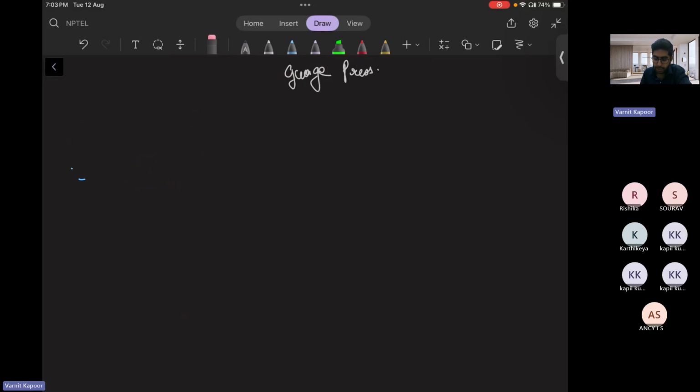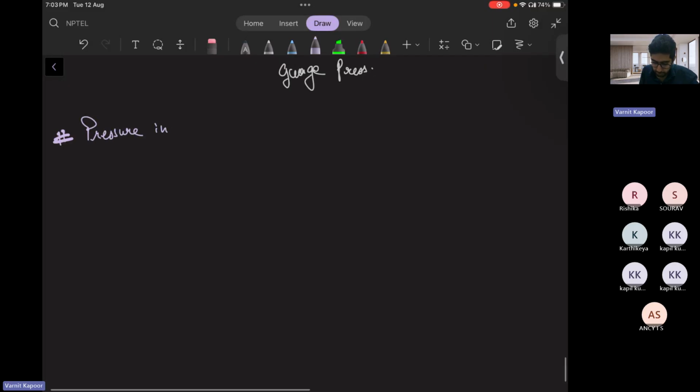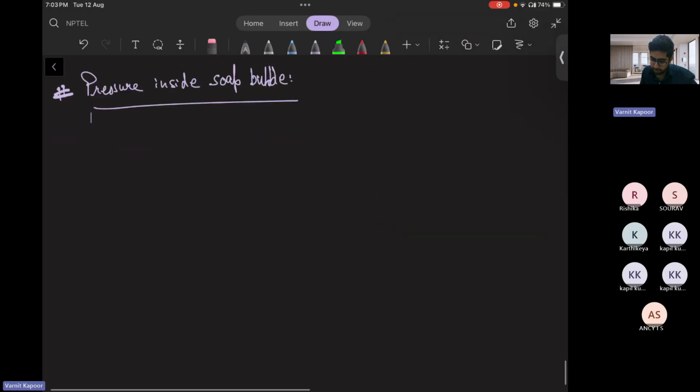Now let's come to the other scenario: pressure inside a soap bubble. So how does a soap bubble look? I have just framed that soap bubble previously also.